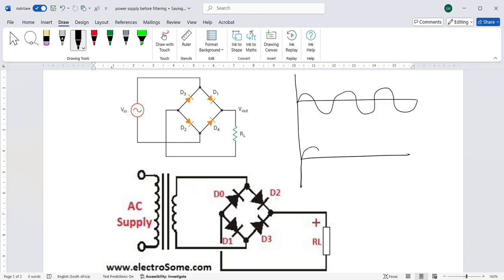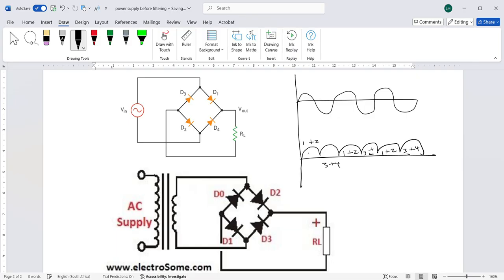This is after rectification, where you've got D1 and D2. Here it's D3 and D4. So this is 1 and 2, this is 3 and 4.